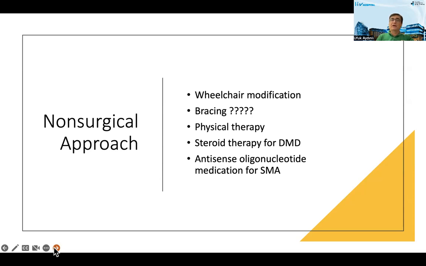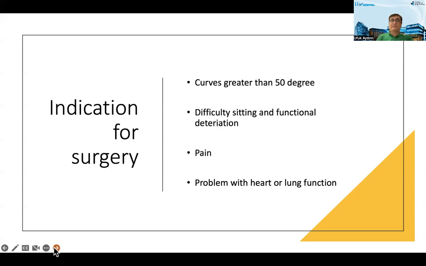For Duchenne muscular dystrophy, there is a therapy with steroids, and also with SMA. In the last few years, there is a treatment modality, antisense oligonucleotide medication. It's very, very expensive, but this will really reduce the risk of the deformity.